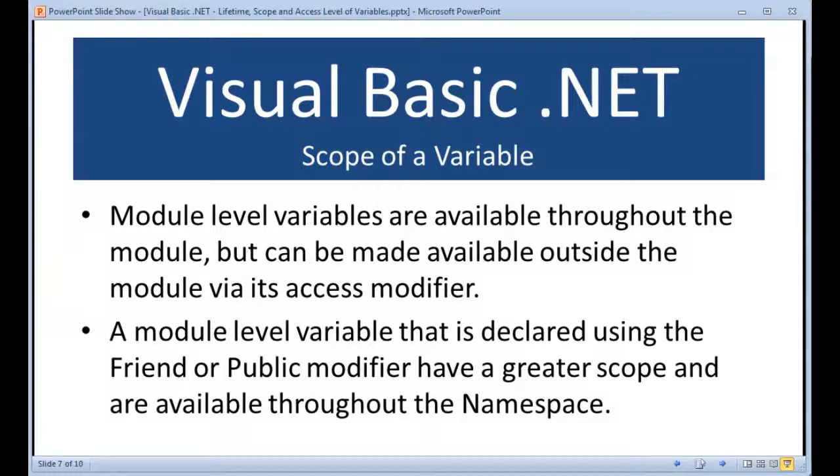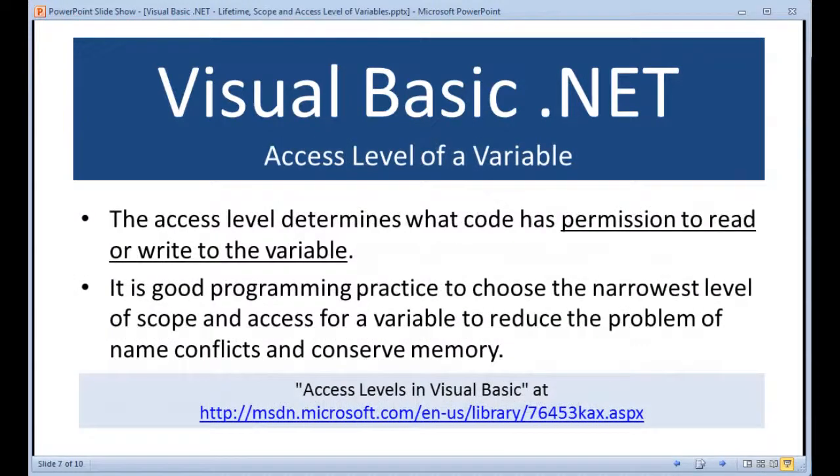A module level variable that is declared using the friend or the public modifier has the greater scope and is available throughout the namespace. So we want to use public when we want it to be available throughout our program, but we don't want to use it all the time because we want to keep things hidden in our code.